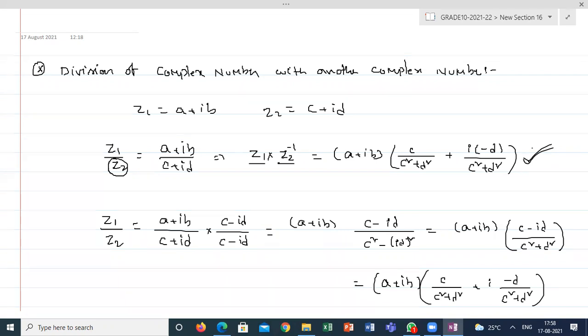So division of a complex number with another complex number is nothing but another way of multiplying. We don't have any particular process for division like with numbers. It's entirely different here. It is also a multiplication, but you are multiplying with the multiplicative inverse of the denominator. That is the meaning of division of two complex numbers. Is it clear?